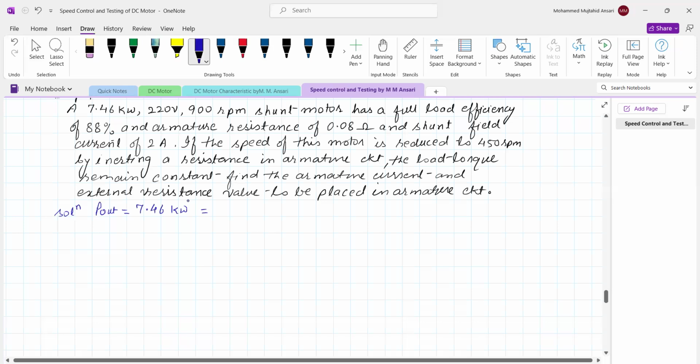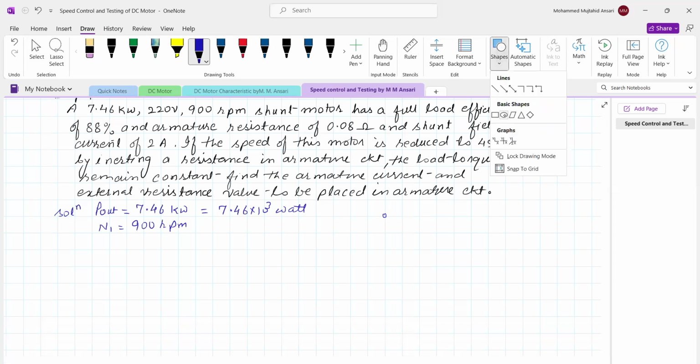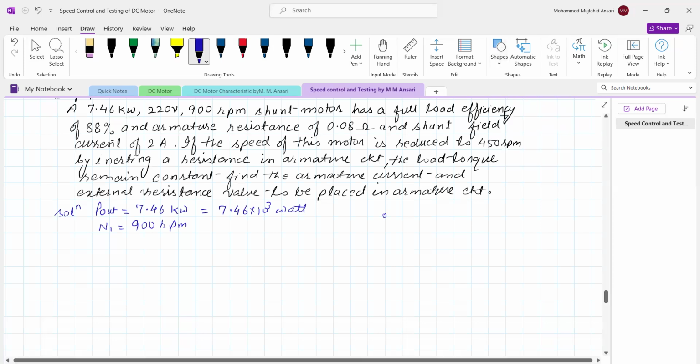So it is 7.46 into 10 raised to 3 watt. This is the power output and it is running at speed N1 is equal to 900 RPM. Now it is a DC shunt motor. So here we will draw the diagram for the DC shunt motor.